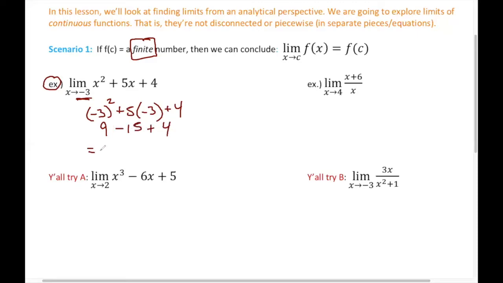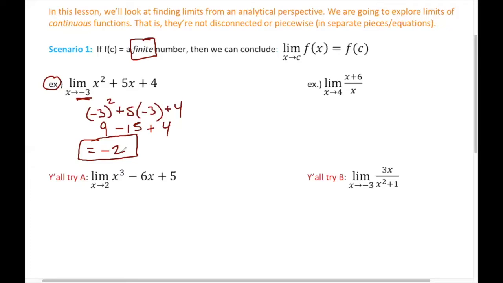All this adds up to 9 minus 15 plus 4, which should be -2. So the limit here as x approaches -3 is -2. This was done purely analytically by plugging in the limit value as x approaches -3. And since we get a firm answer of -2 and not anything undefined or division by 0, this is the deal.